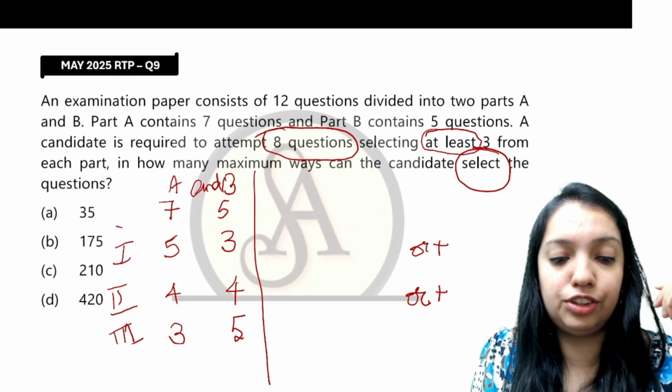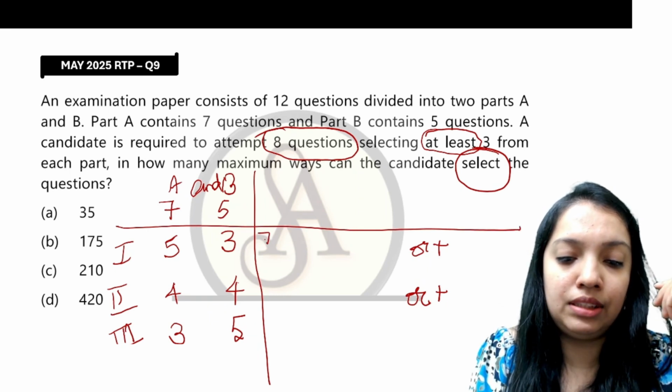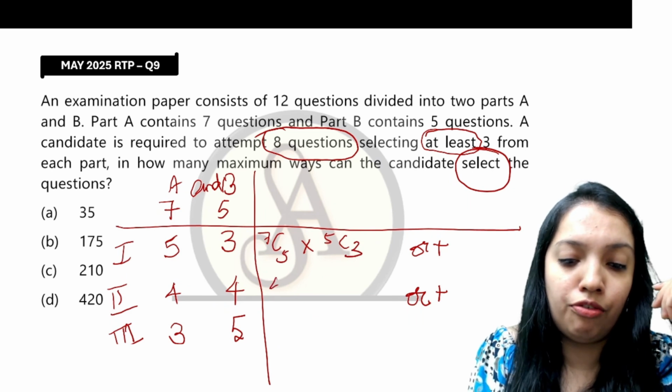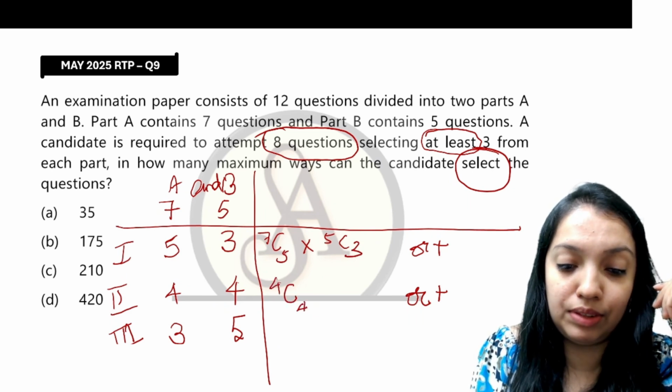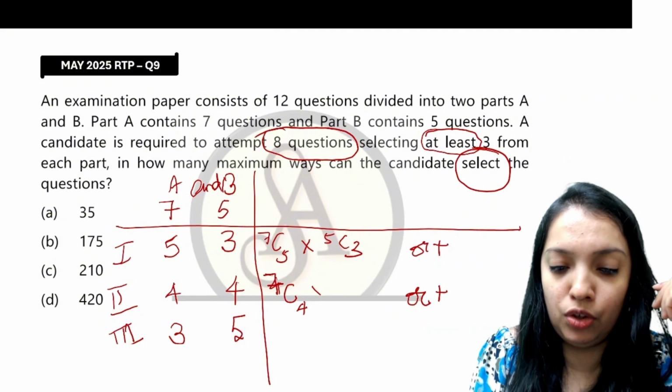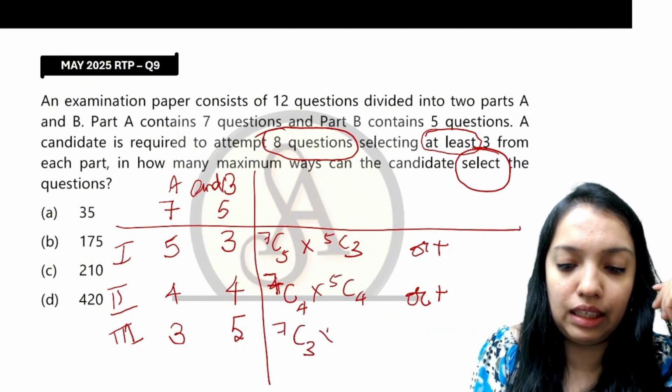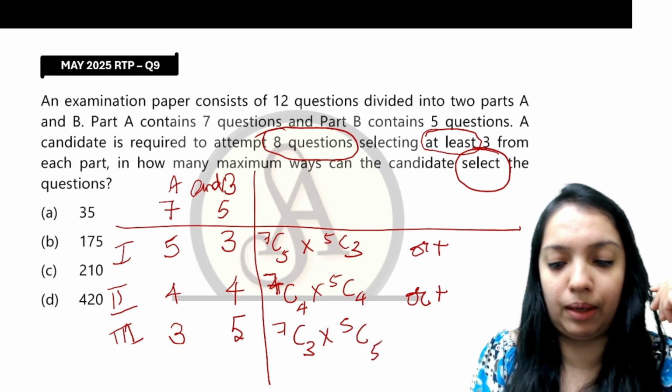So, your answer is going to become 7C5 into 5C3, 7C4 into 5C4, 7C3 into 5C5.